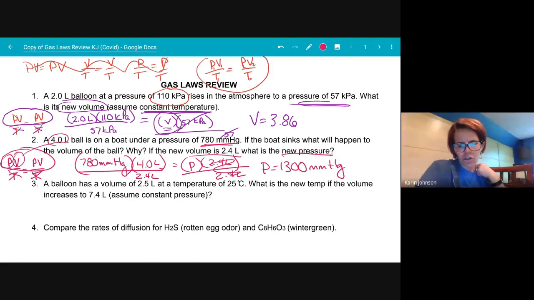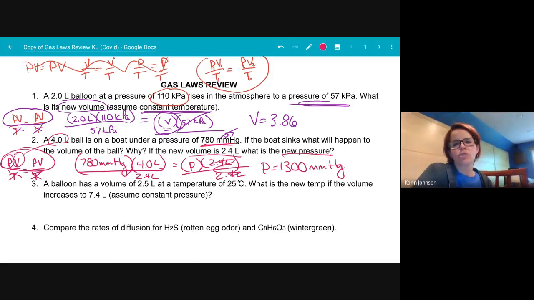Then Boyle's, Charles's, Gay-Lussac's, and combined gas law. Then 3 ideal gas laws and 1 density. So I would guess the test is probably going to be worth 15 points. That's not written yet, and that's just my approximation.